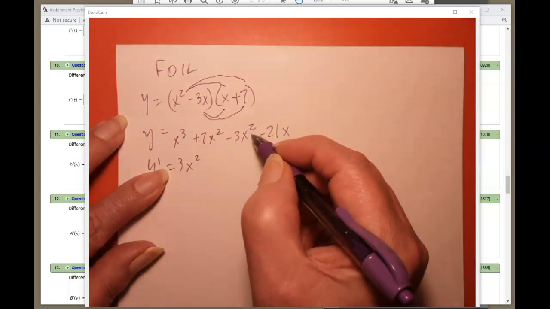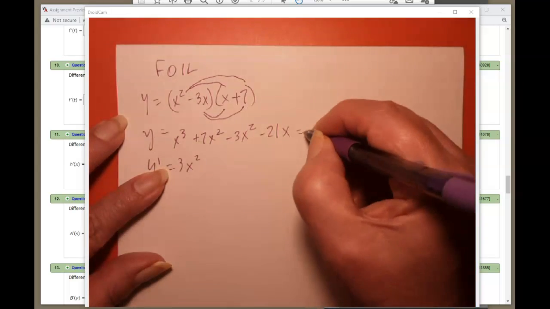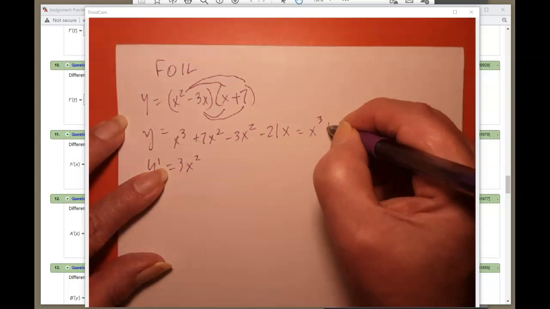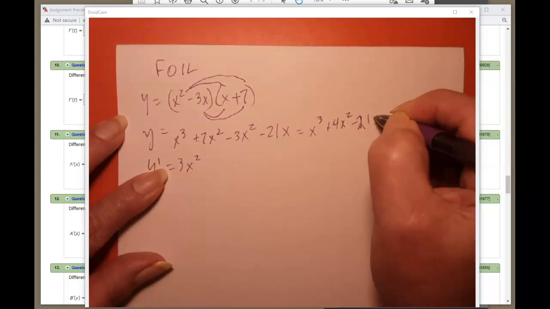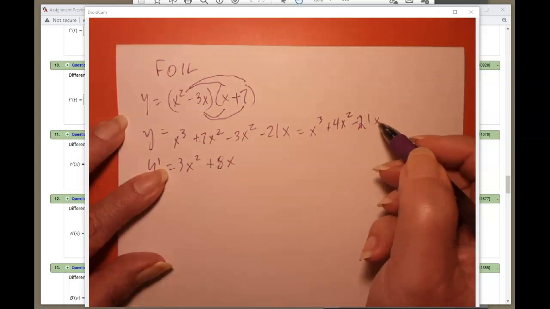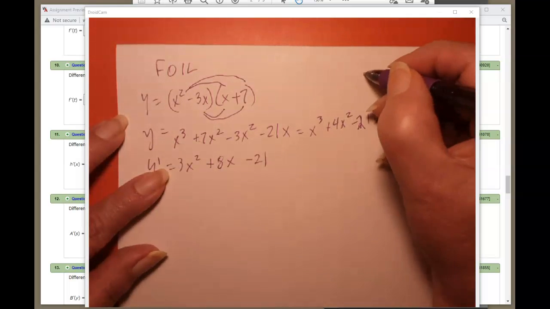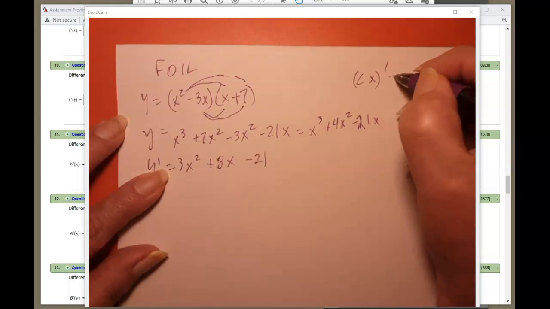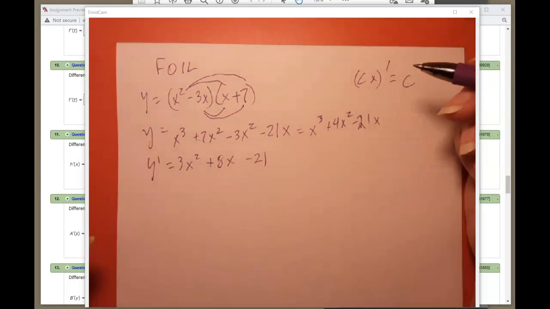I could have combined these first. I might should have. So let's combine those. That's x cubed plus 4x squared minus 21x. The derivative of 4x squared would be plus 8x. And the derivative of negative 21x is minus 21. We know that cx, the derivative is just going to give me c. So that's one of the formulas. The rest of these are the power rules.